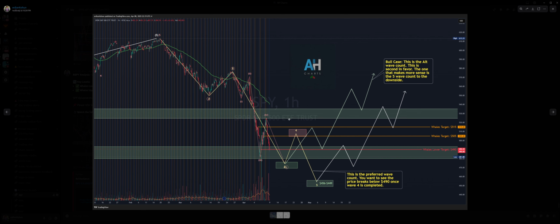Looking at the way things are, I wasn't sure whether we're going to have a 1, 2, 3, 4, 5 or an ABC, but if we had an ABC, it's going to be A, B, and either this was the C over here, or we're going to come down towards that 477, 472 area, where we're going to see that C, and then we begin to move up. So that would have been the bull case scenario.